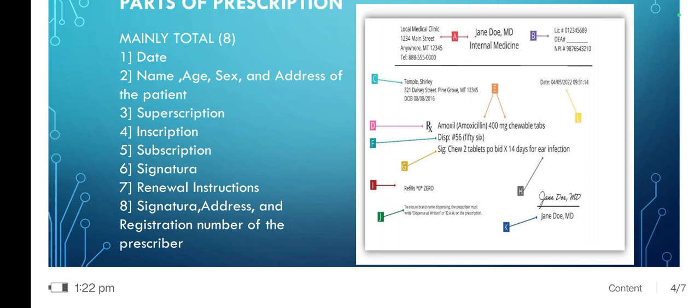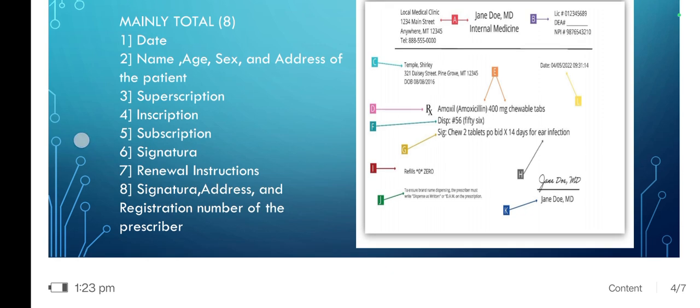Suppose you go to a medical store, what the pharmacist mainly observes in the prescription is the name, age, and sex, male or female, and how old the patient is. The address of the patient is particularly important so the prescription can be identified, and age is especially required for a child patient to check the prescribed dose.